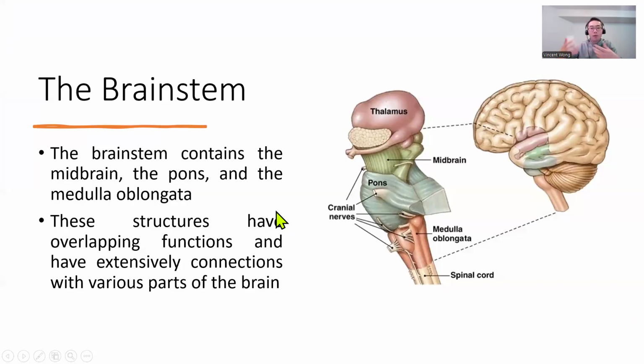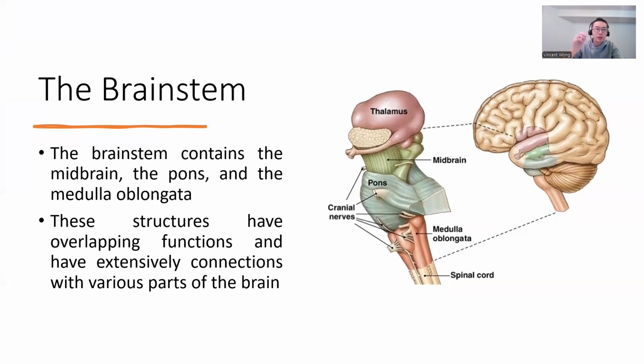They have overlapping functions, and a lot of them is responsible for various reflexes that are going on in the body. If you take a closer look at the picture here, you can see there are these cranial nerves that are coming out from various locations of the brainstem.